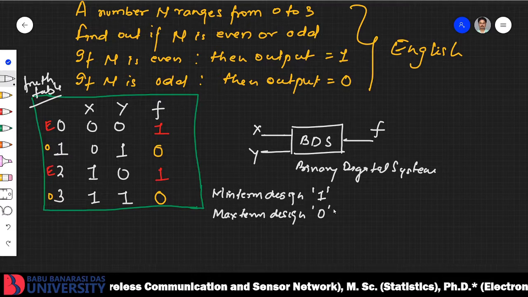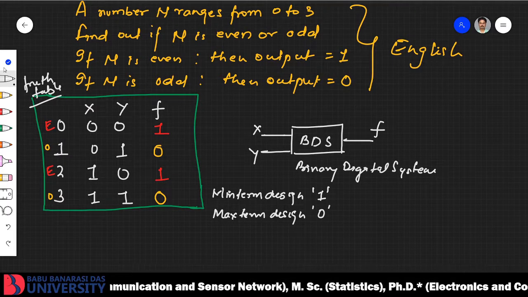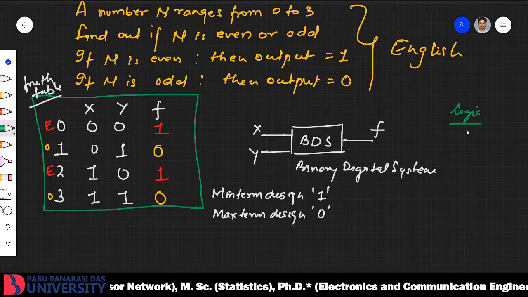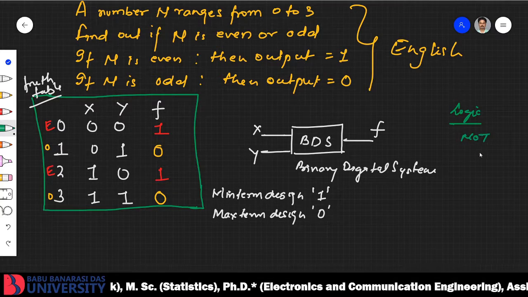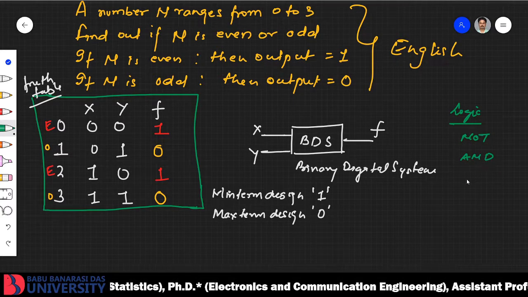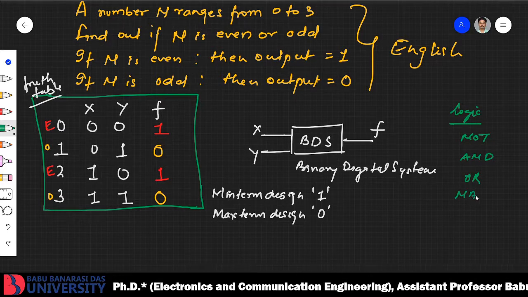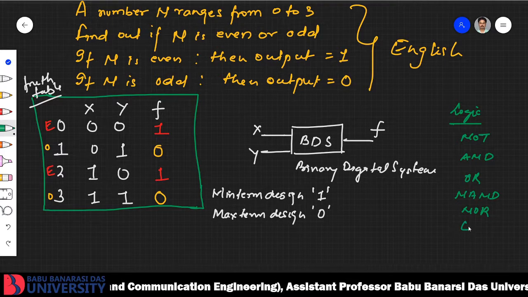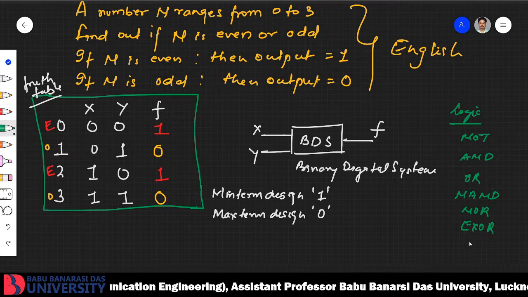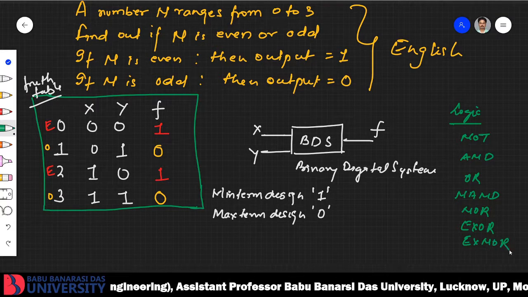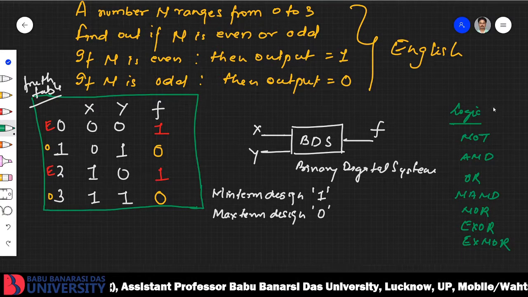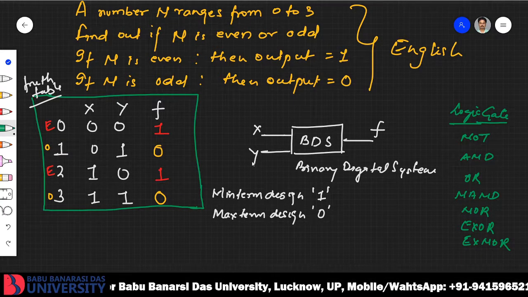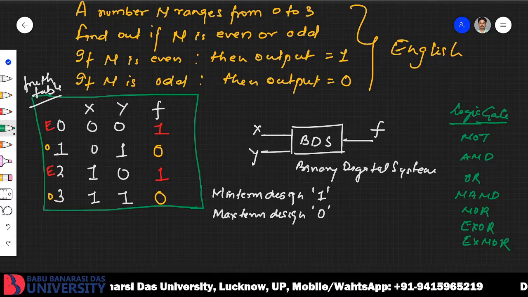Okay, with the help of different logic gates, like the NOT gate, AND gate, OR gate, NAND gate, NOR gate, XOR gate, and XNOR gate, we are able to implement this binary digital system.